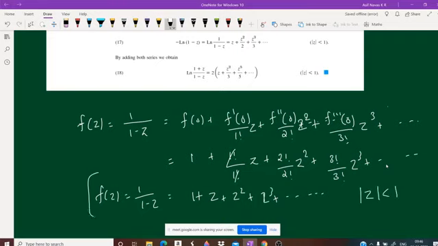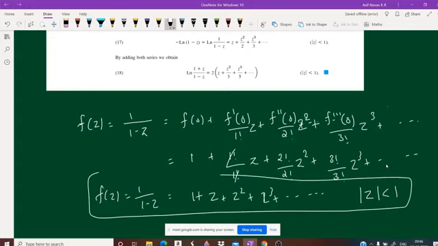So this is valid when mod z less than 1.